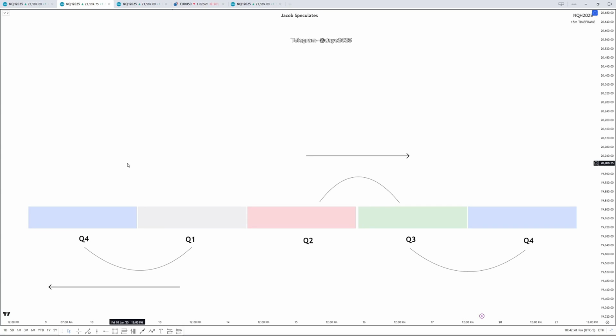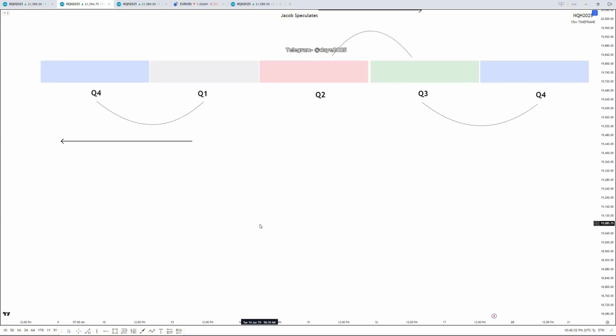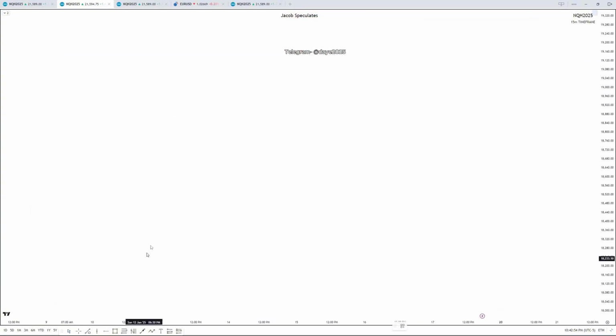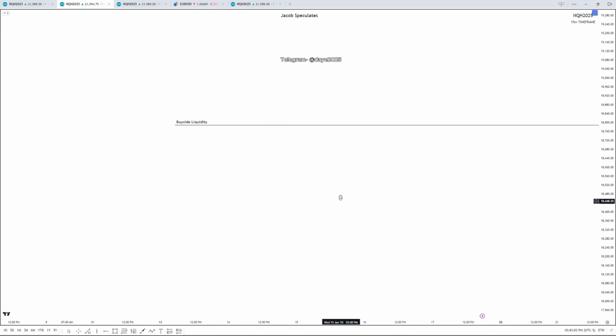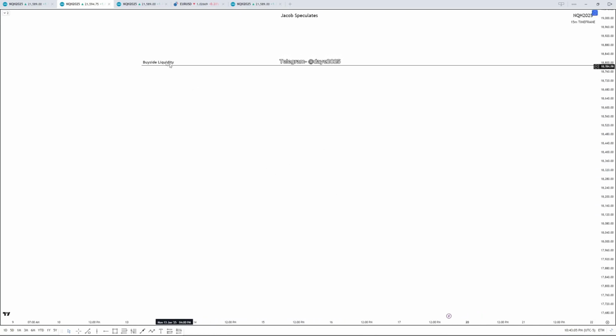What is the difference between manipulation and distribution? So manipulation will typically be contrary to the overall trend of the market. So let's say there's buy side liquidity resting above the market, and price has been slowly tipping its way up.